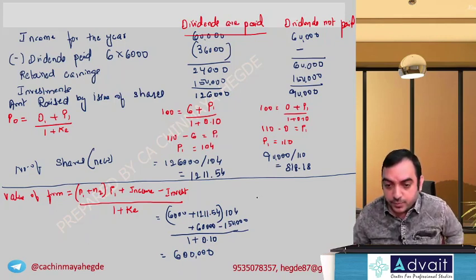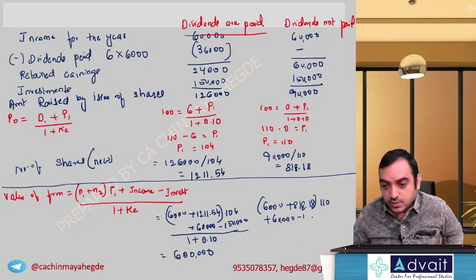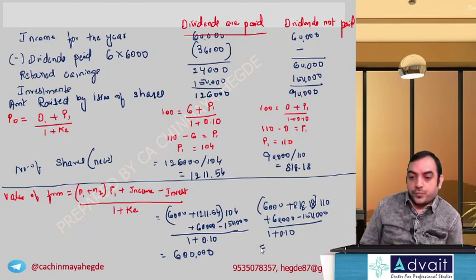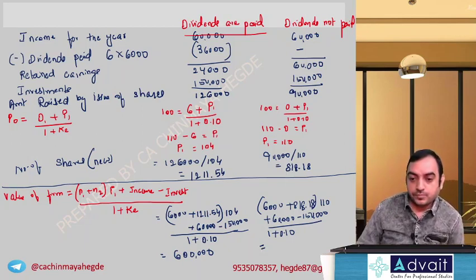If I do it when dividend is not paid: 6,000 plus 818.18 into 110 plus 60,000 minus 1,50,000 divided by 1.1.